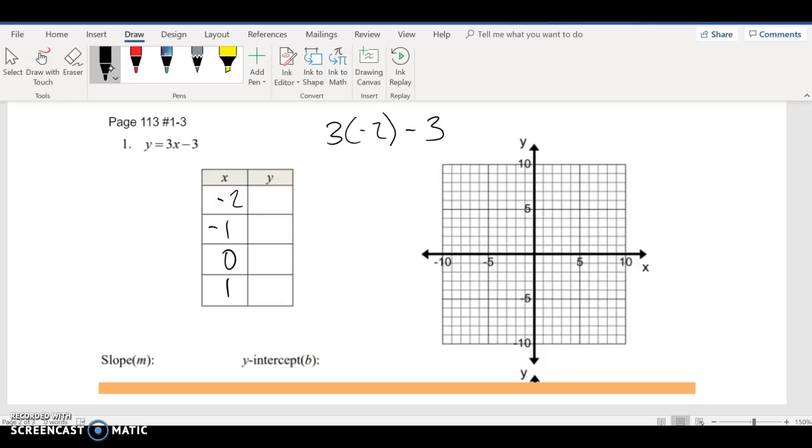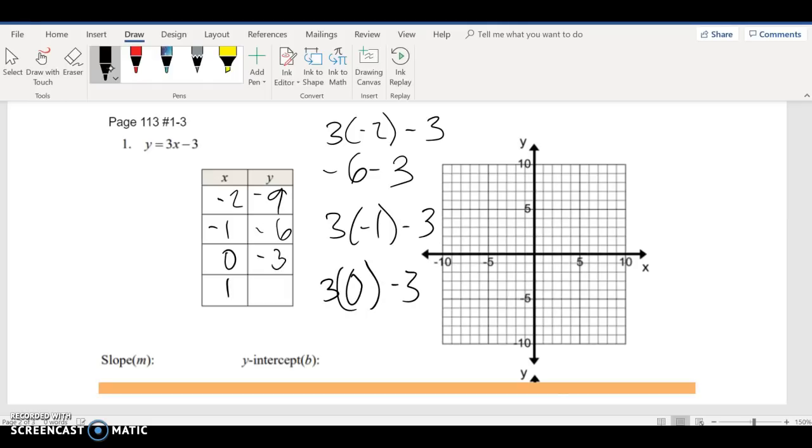So 3 times -2 is -6. -6 minus 3 is -9. 3 times -1 minus 3, well, that's -3. -3 minus 3 should give me -6. Okay, 3 times 0 minus 3 is -3.